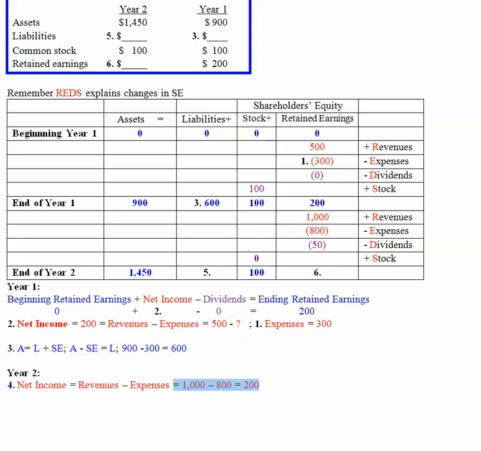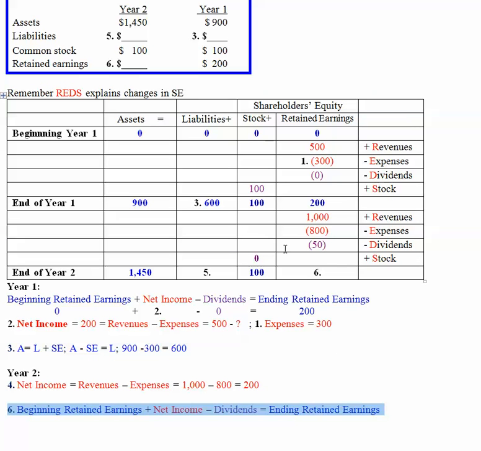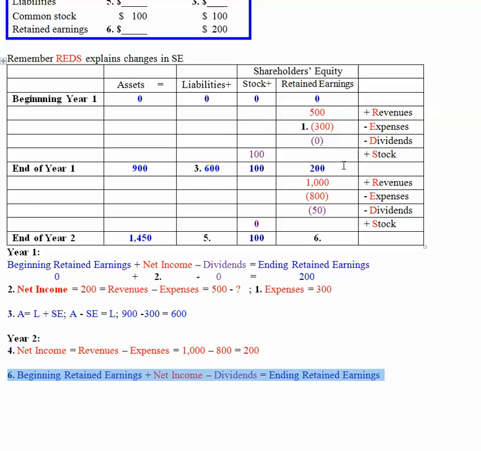The next thing is we're going to figure out what liabilities and retained earnings are. I really can't solve for my liabilities or retained earnings with two unknowns, so I can get to retained earnings because I do see here that I have all of that information.